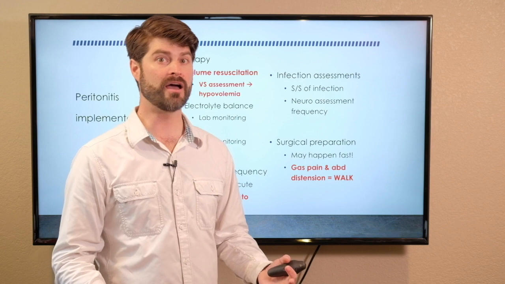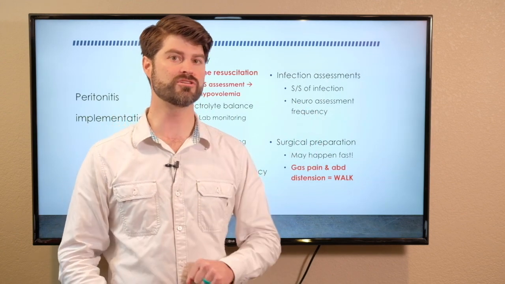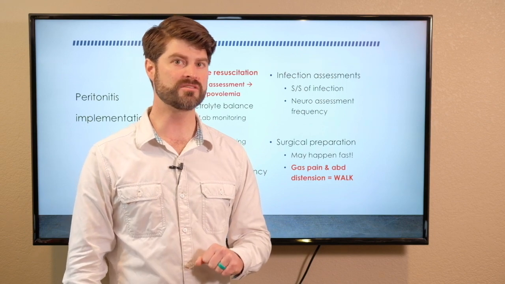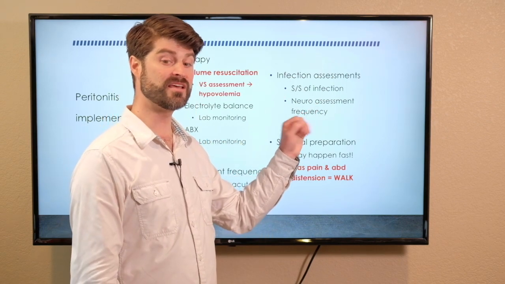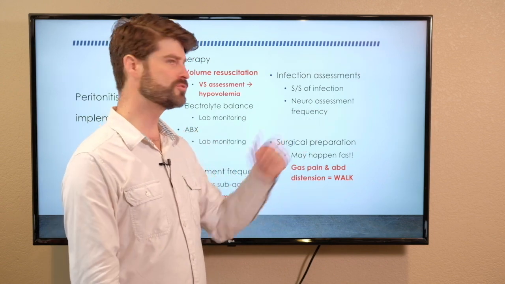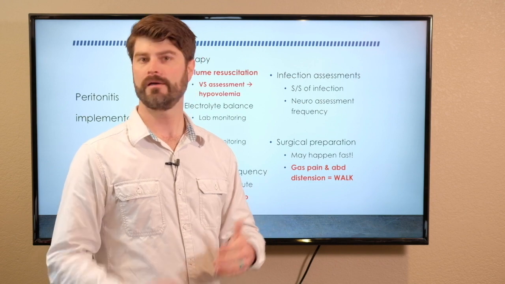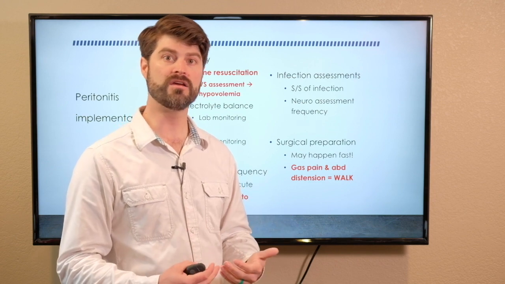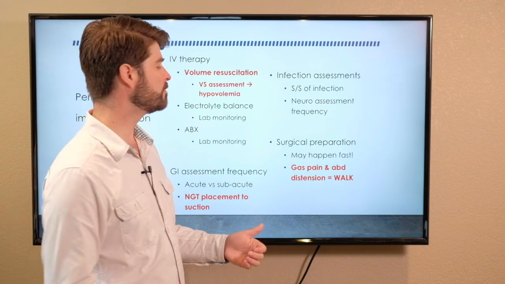Things like UTIs, like bladder infections, can cause major changes in a patient's neurologic status. So whenever we're talking about monitoring for infection or assessing for infection, we always want to include the neurologic system. Are they A&O times 3, 4? Are they responding and cognating appropriately for that patient's baseline?